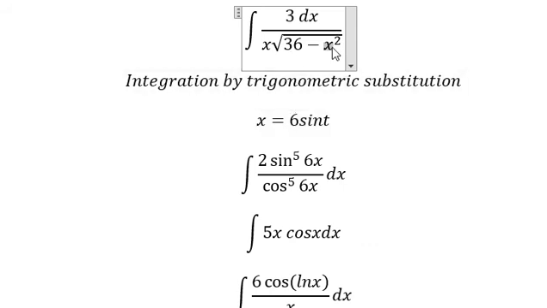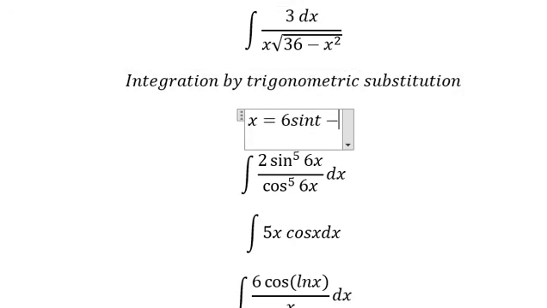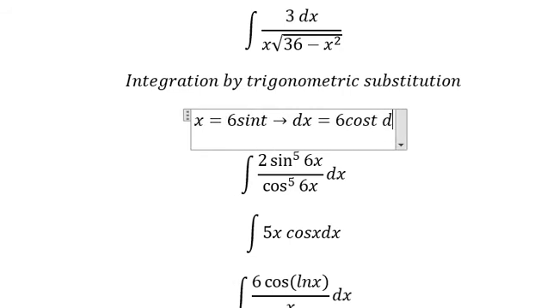With 36, we can do factorization: 1 minus sine t squared, we change for cosine t squared. The square root of cosine t squared, you get cosine t, and later we simplify ds. So we put ds equal to 6 cosine t dt.